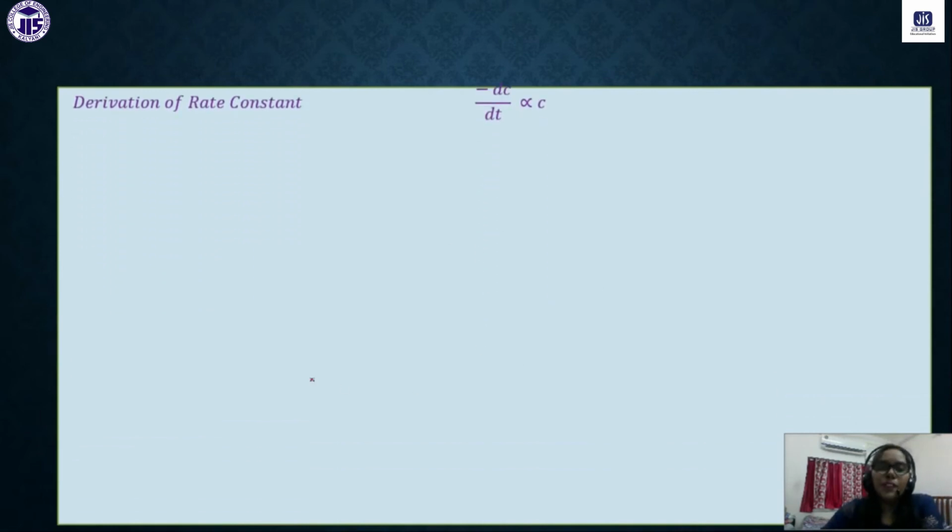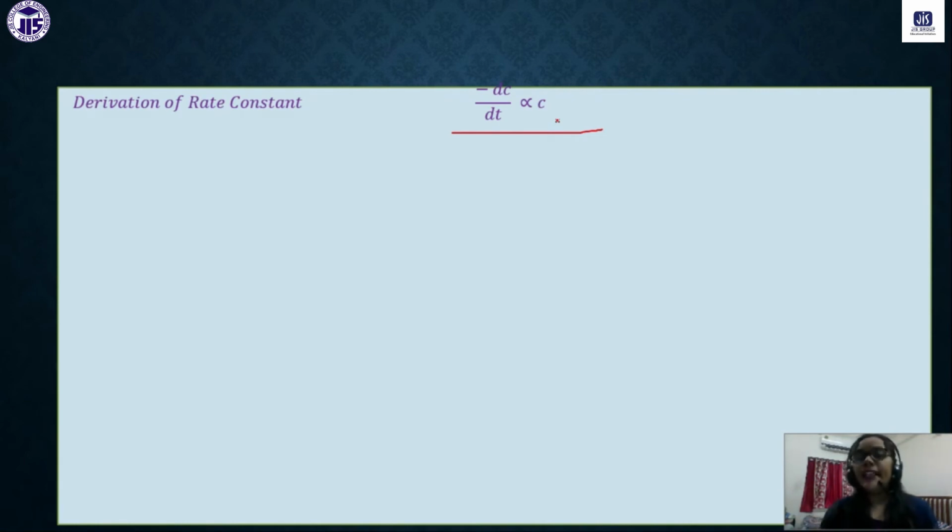Now we will derive the rate constant of the BOD reaction. Look here. I have written dC/dt is proportional to C. The question is, minus dC/dt is proportional to C. I will tell you why it is minus.